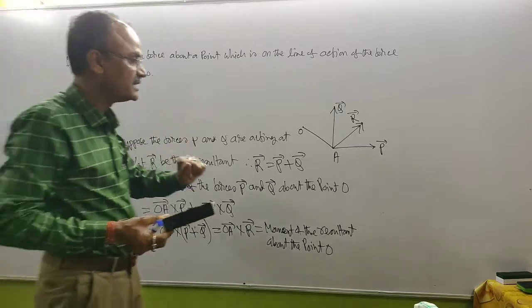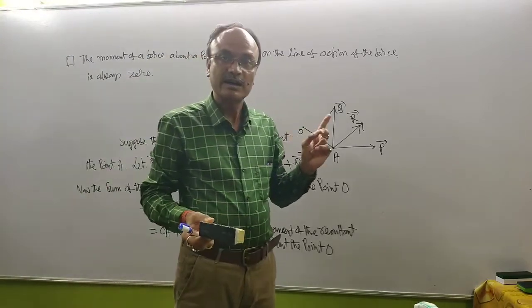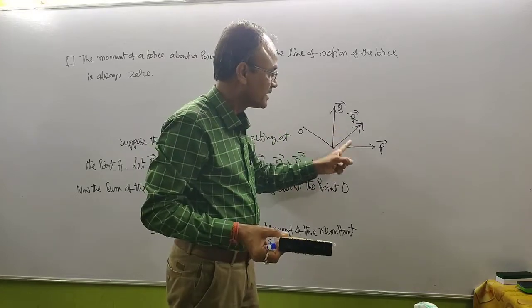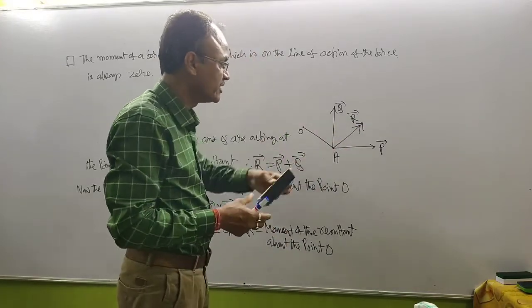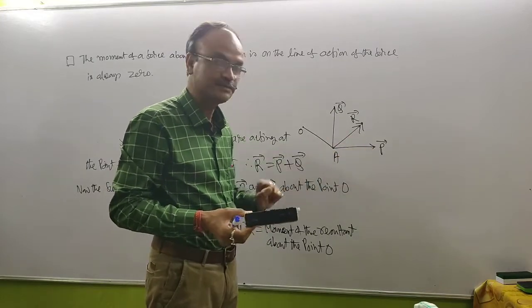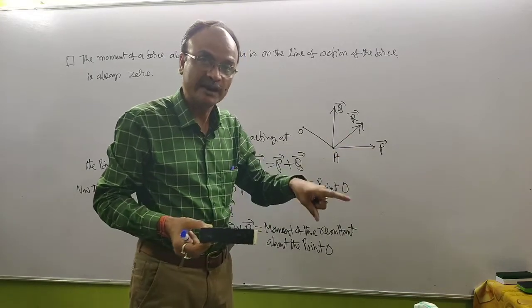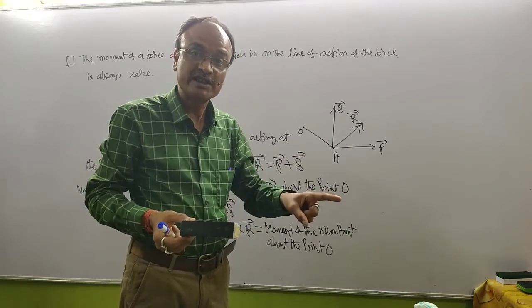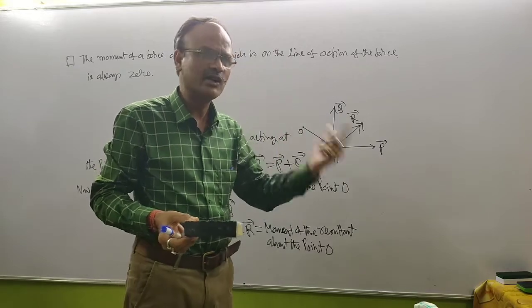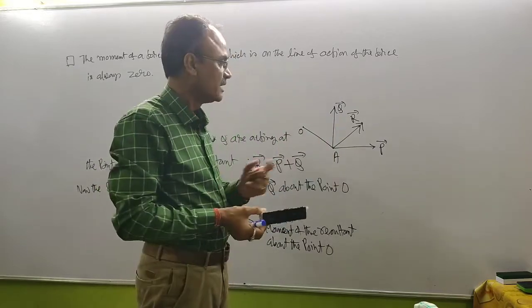Now, from Varignon's theorem, the algebraic sum of the moments of two forces about a point which is on the line of action of their resultant will be definitely 0.